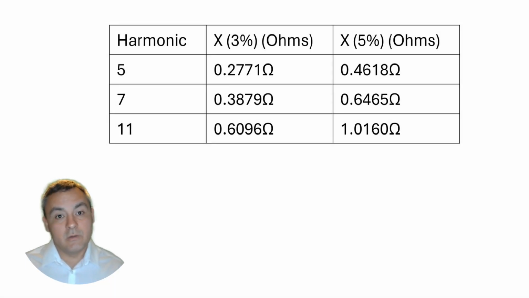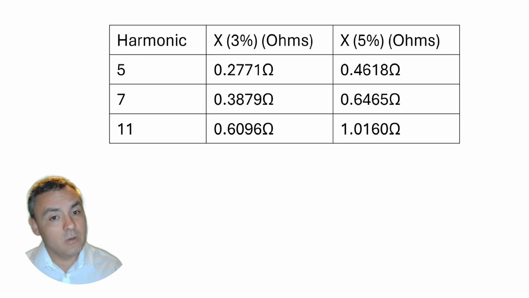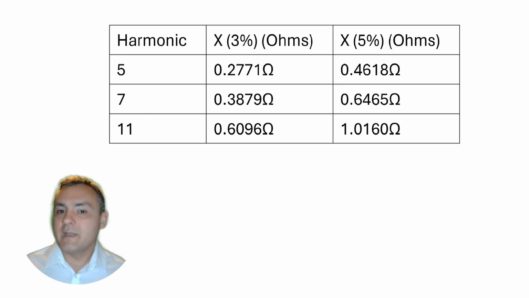Ohm's law gives us these values for each harmonic, knowing our source impedance is 0.2 ohms. We calculated our 3% reactor reactances for the fundamental and the 3 harmonics. Remember, there were 0.2771 ohms for the 5th, 0.3879 ohms for the 7th, and 0.6096 ohms for the 11th.